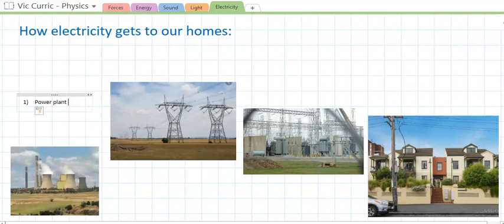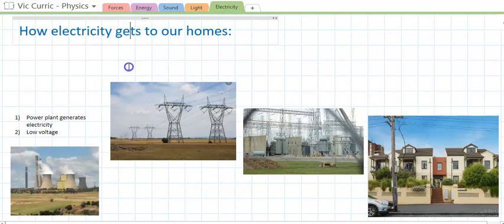So the power plant generates the electricity, and at the power plant it's a low voltage. But to transport power over long distances, it's better to have that power at really high voltage because that's also more efficient.